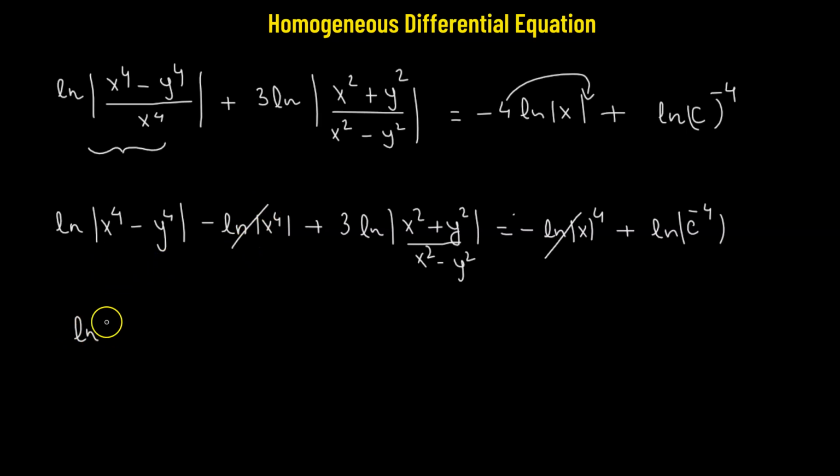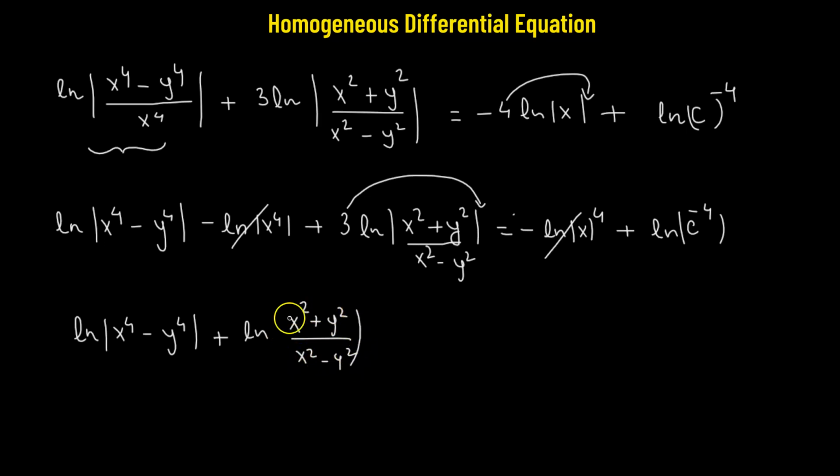And then we have natural log of x raised to the power of 4 minus y raised to the power of 4 plus, so we'll take the 3 and raise it as the power. So we have log of (x squared plus y squared divided by x squared minus y squared) whole raised to the power of 3. And this will be equals to log of c raised to the power of negative 4. So let's call this a, where a is equals to c raised to the power of negative 4.